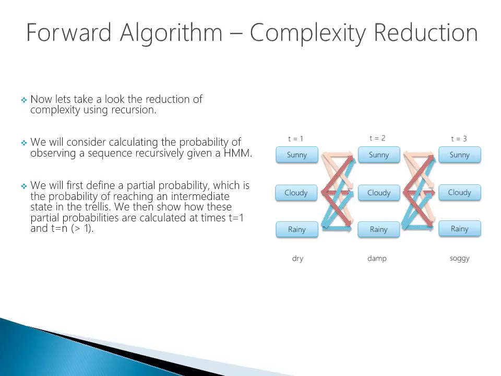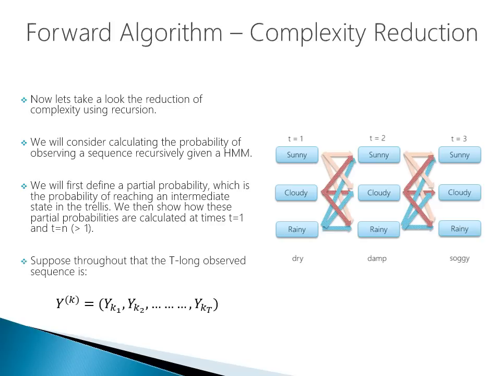We will first define a partial probability, which is the probability of reaching an intermediate state in the trellis. We then show how these partial probabilities are calculated at times t equals 1 and then t equals n greater than 1. Suppose throughout that the t-long observed sequence is as follows. The y in this case represents the observed sequence that we have.